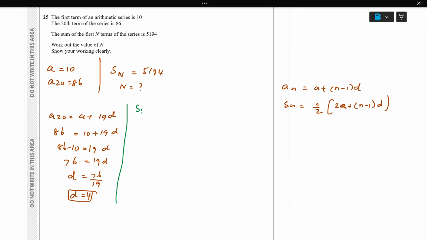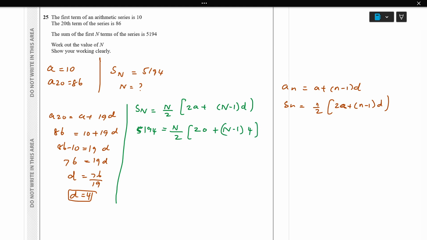So Sn equals, we will use the sum of n terms formula, n over 2 times 2a plus n minus 1 into d. We'll substitute the values. So 5194 equals n by 2 into 2 times a, 2 times 10 is 20, plus n minus 1 into 4.